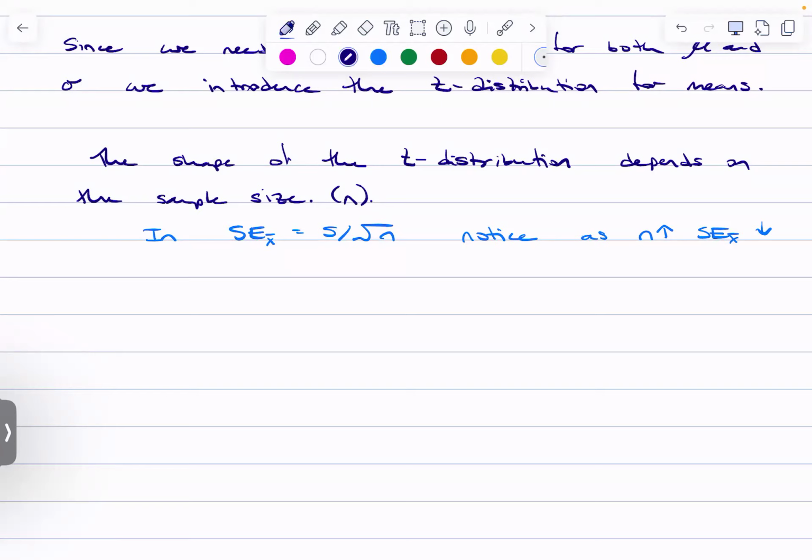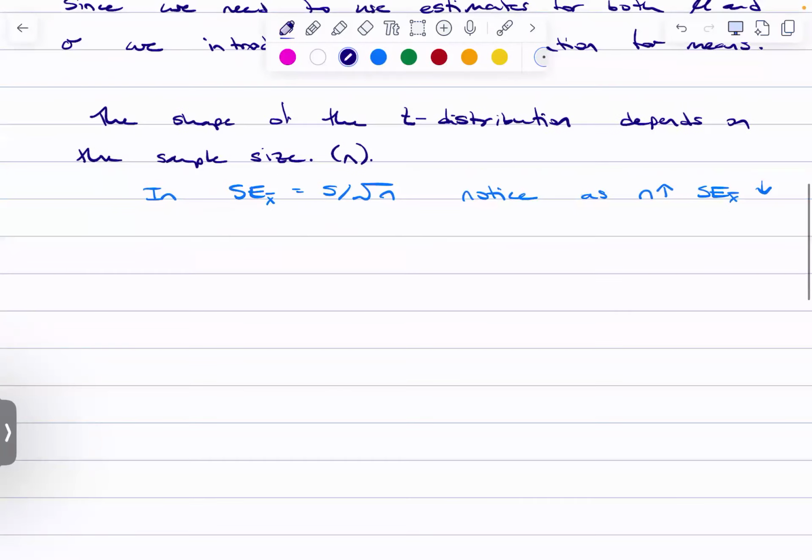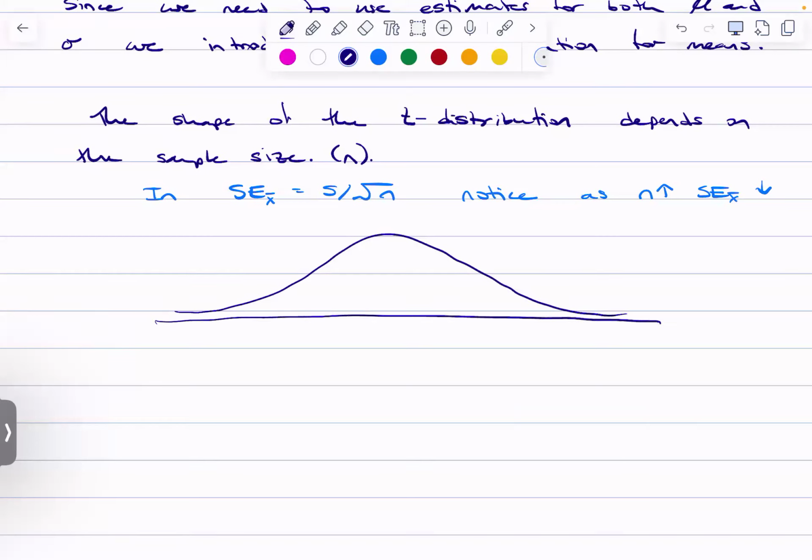So how do we communicate the sample size to the t-distribution? Now, the t-distribution still looks like a normal distribution. General t-distribution.